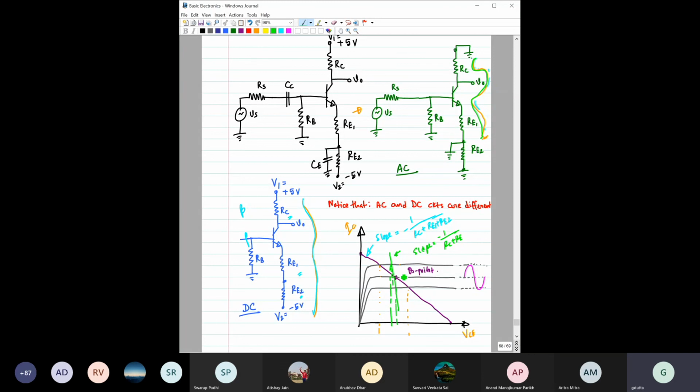It will not follow the DC load line, but you will get a different load line for this AC circuit. This is happening because we have introduced these capacitors, which make the equivalent circuits for DC analysis and AC analysis different.